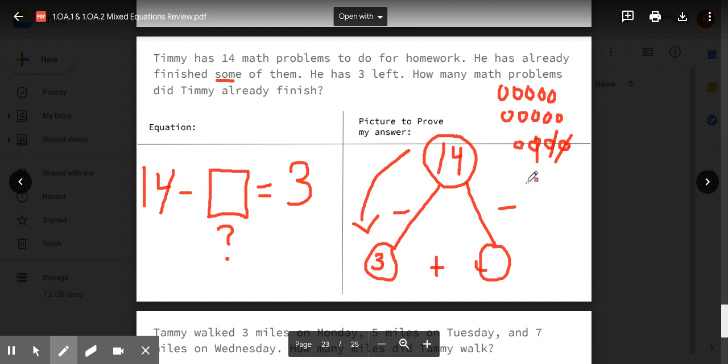How many do I have left? 1, 2, 3, 4, 5, 6, 7, 8, 9, 10, 11. So 11 is my missing part, and now I can fill that into my equation. Timmy had 14 math problems due for homework. He already finished 11, and now he has 3 left.